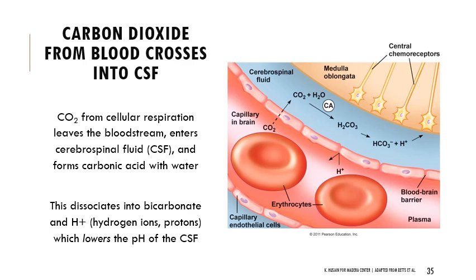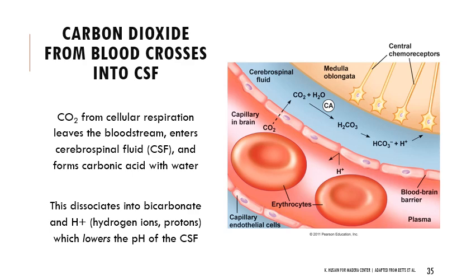Remember that there are tons of arteries that supply your brain, including the circle of Willis. So there's a lot of arterial blood making its way in there systemically. This carbon dioxide is going to cross the blood-brain barrier, get into the cerebrospinal fluid, and mix with water in that fluid to form carbonic acid. That's what the H2CO3 is depicting there.